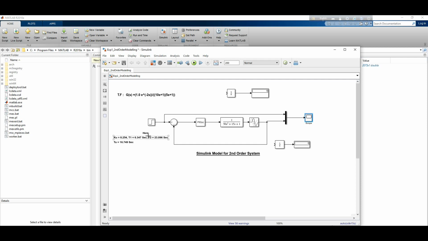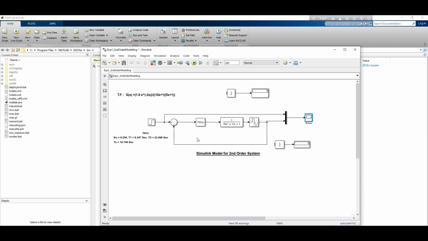From this ultimate time period, 16.749 seconds, we will determine the value of omega c, 2 pi by Tu. From that we will determine the value of k, as well as the value of theta and tau.